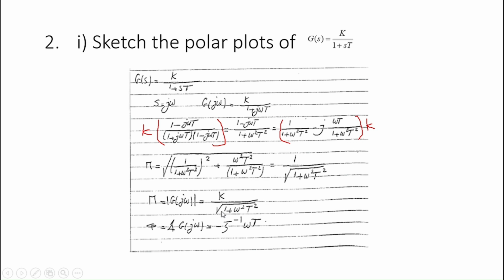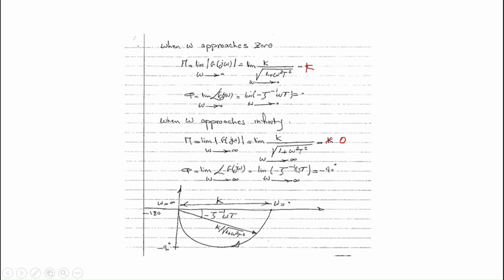The first thing is to check the behavior at omega is equal to 0 and omega is equal to infinity. When omega is equal to 0, the magnitude is equal to k and the phase is equal to 0, and when omega approaches infinity, we get magnitude as 0 and phase is equal to negative 90 degrees.